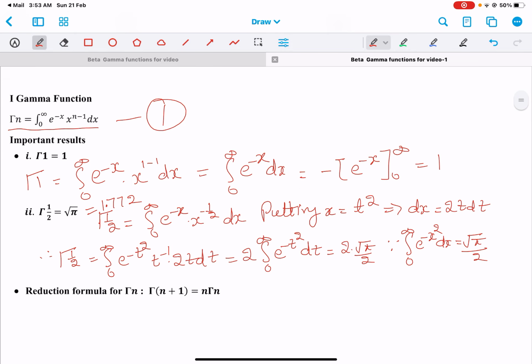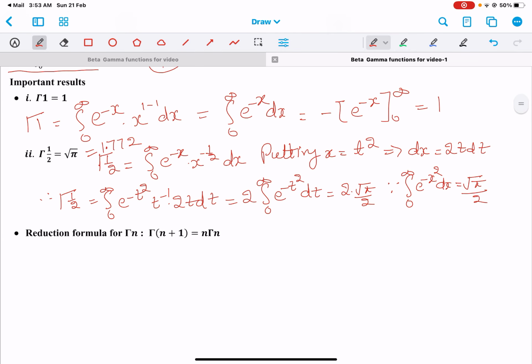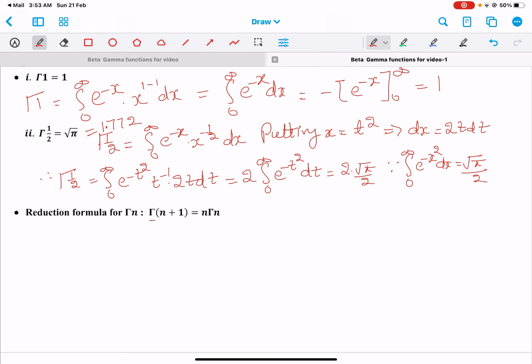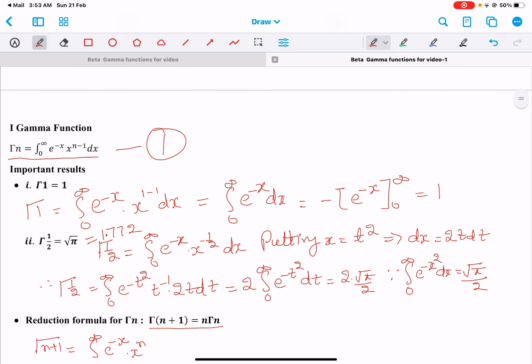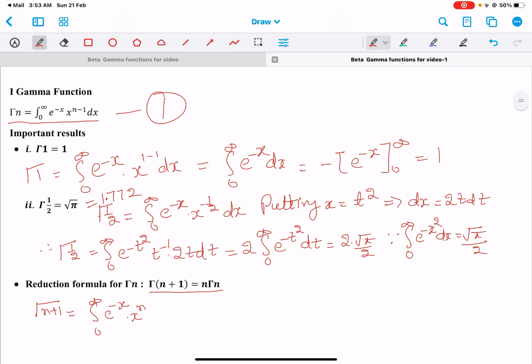Next is the reduction formula for the gamma function. Gamma n plus 1 may be reduced to the form n gamma n. To prove this result, gamma n plus 1 is given by the integral 0 to infinity e to the power minus x, x to the power n, if I put n plus 1 in place of n in equation 1.